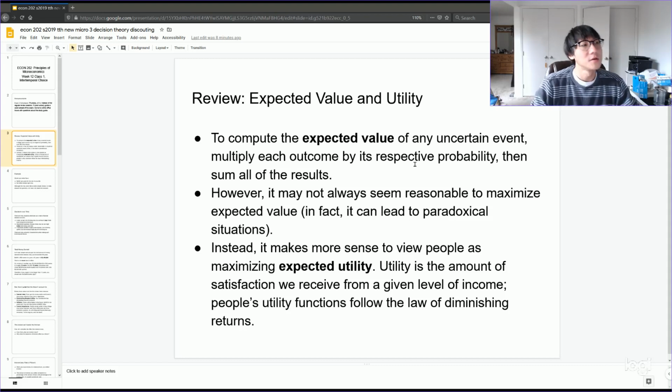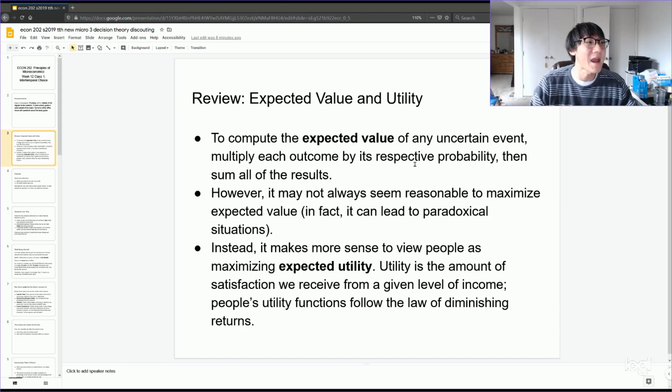Okay. So first, we saw last lecture that a good way to deal with uncertain events is to follow Annie Duke's strategy, which basically involved maximizing the expected value of a given situation. And the expected value of an uncertain event is the amount that you would expect to receive from that event if you were to repeat it many, many times.